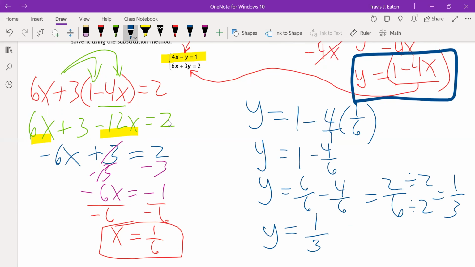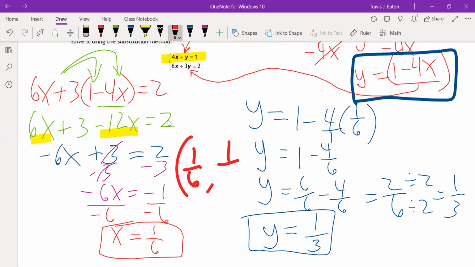So y equals 1/3. See, now I have solved for x. I have solved for y. And so the answer to the question is x is 1/6 and y is 1/3. And you can go back and check by substituting both of those into both equations, and you're good. You're done. All right.